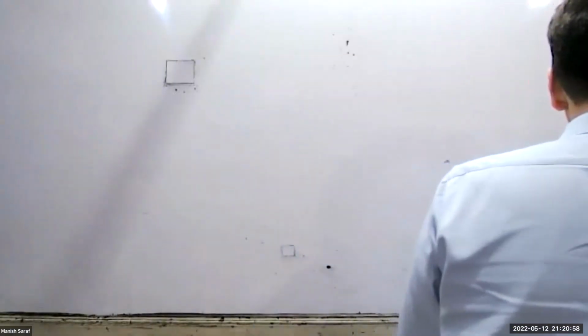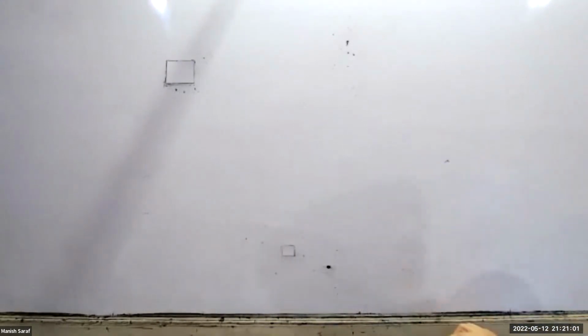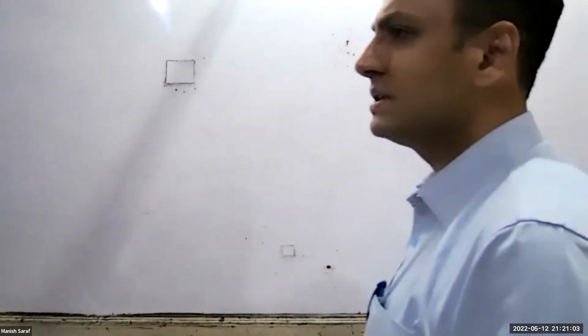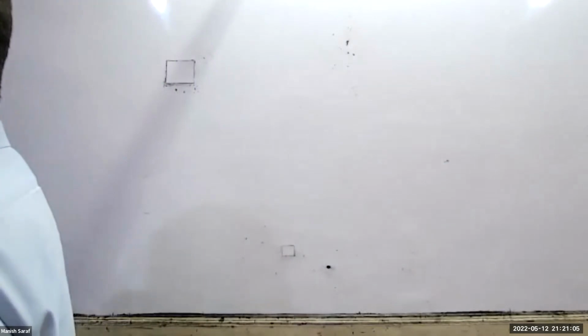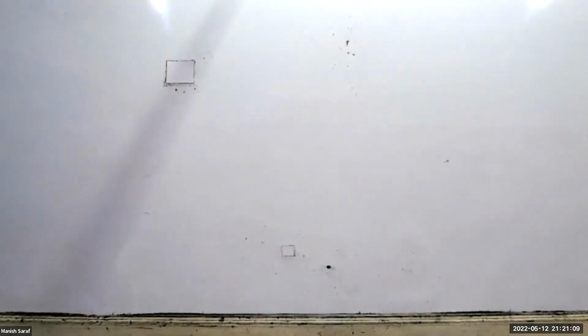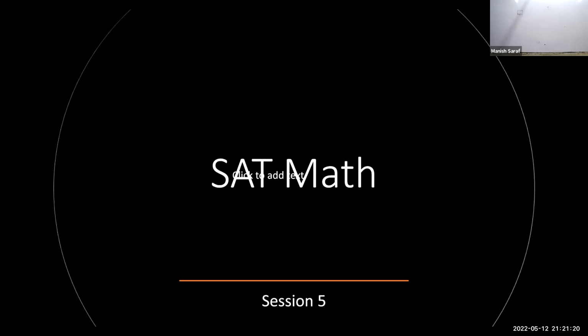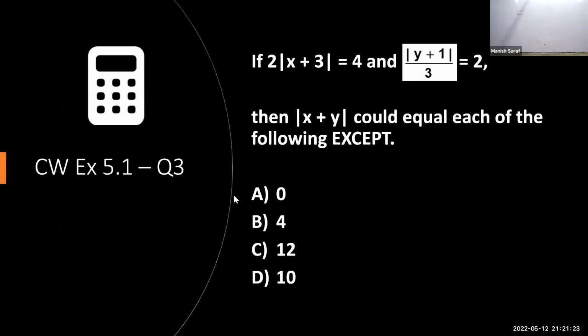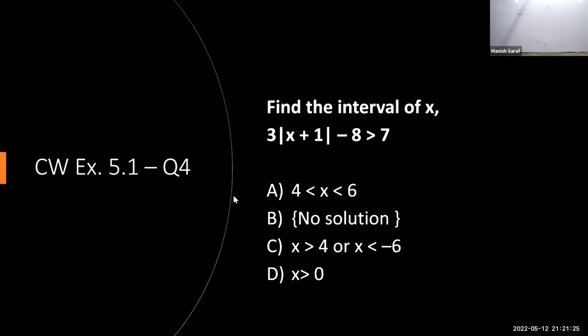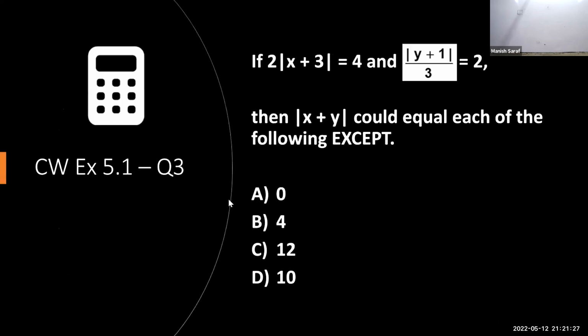Now there are two methods, two ways. You have your book, so you can refer to the problems in your book, or you can also see them here. Since this is also supposed to be a hybrid class, we can see the question here.